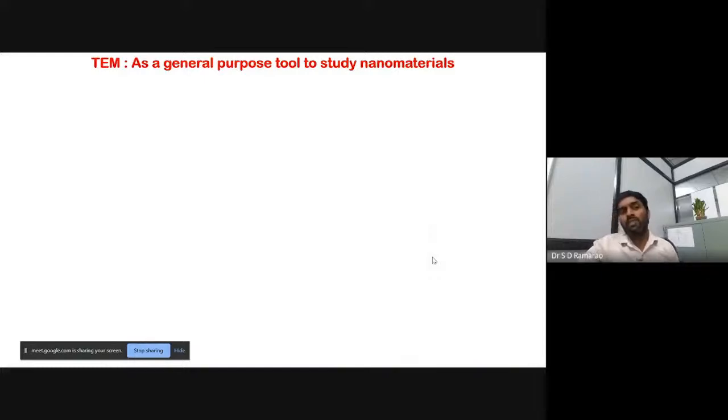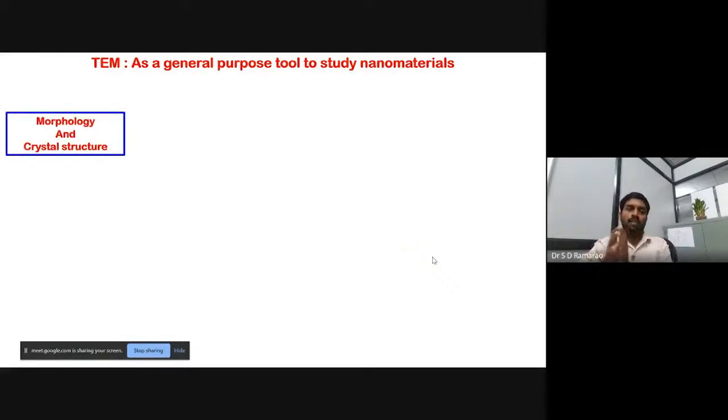What generally we do, after preparing nanomaterials, right? We all take TEM images or SEM images, or we characterize with some other techniques. The general thing we do using the TEM is to see the morphology, right? When you prepare materials from your synthesis protocol, you will expect to get nanospheres or nanodiamonds, or you may get nanoflakes.